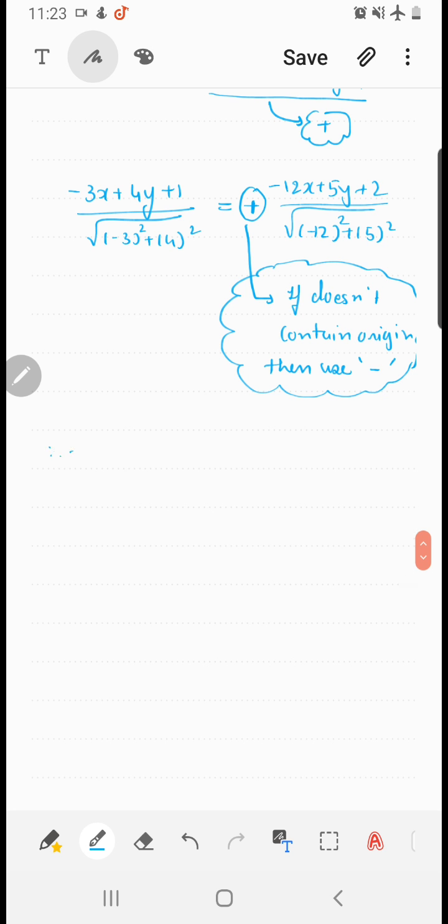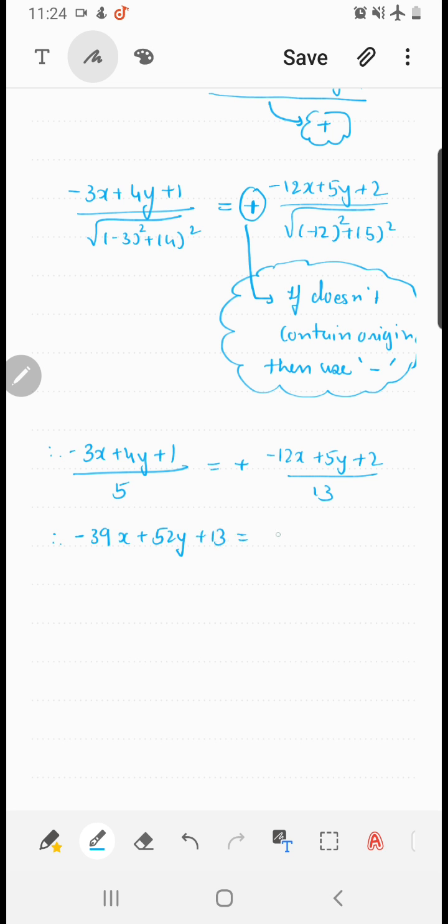So what I get here is minus 3x plus 4y plus 1 upon 5, can I say 5 here, on this side plus sign, minus 12x plus 5y plus 2 upon 13. Okay, so let's cross multiply. 13 3s are minus 39x plus 52y plus 13 is equal to minus 60x plus 25y plus 10.